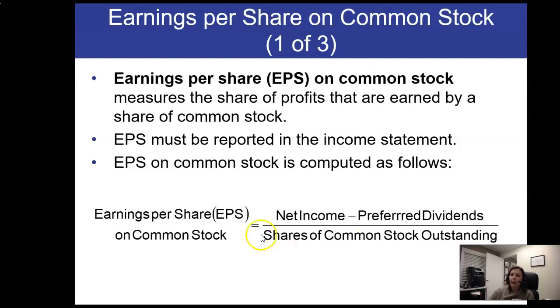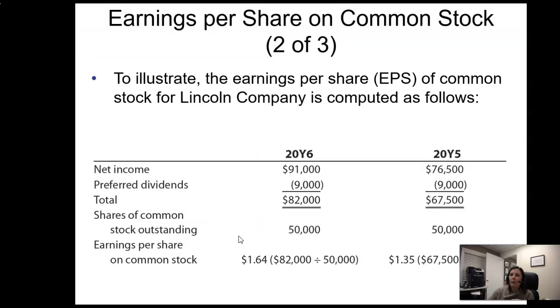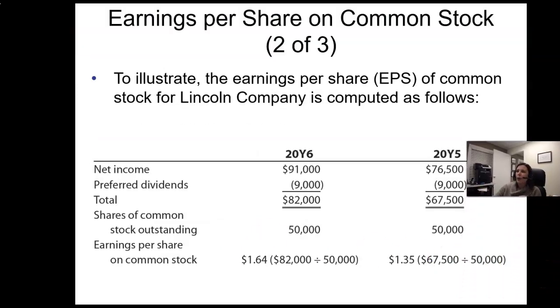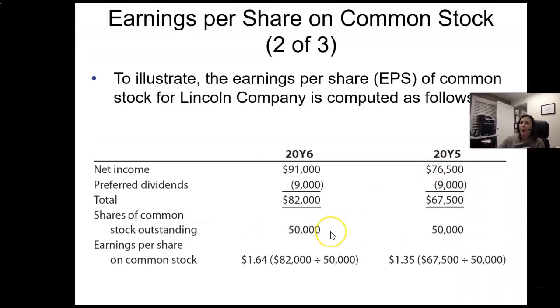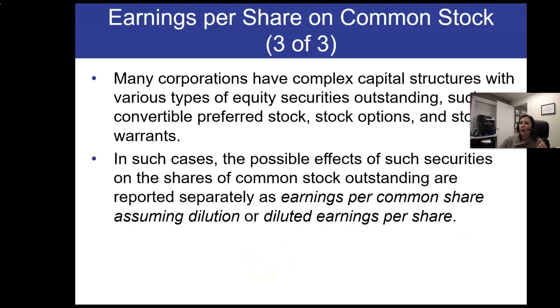So just beware in case you get a question that might try and trip you up in that way. So our earnings per share in the year 2005 were $1.35 per common share, and then $1.64. Things improved by the following year.